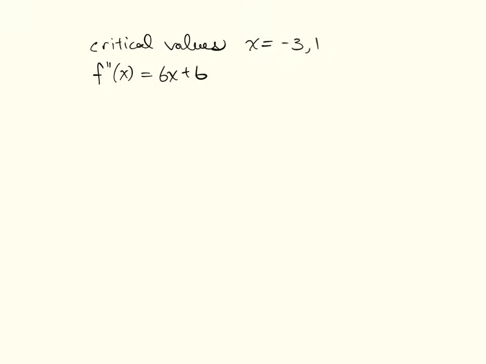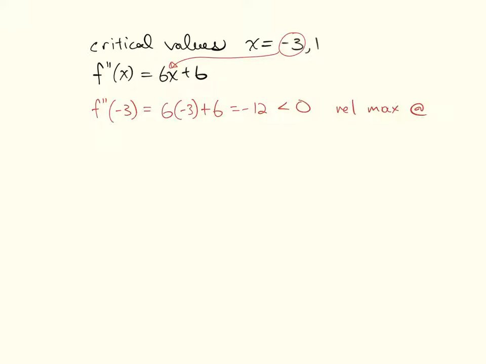To tell whether the critical values are relative max or relative min, I'm going to use the second derivative test. The second derivative test states that if you evaluate the second derivative at a critical value and you get something negative, let's see, this is f double prime of -3 equals 6 times -3 plus 6, which is -12, which is negative, then you have a relative maximum at that x value.